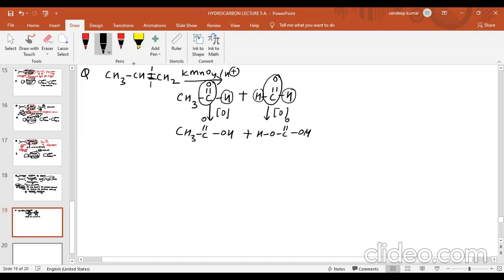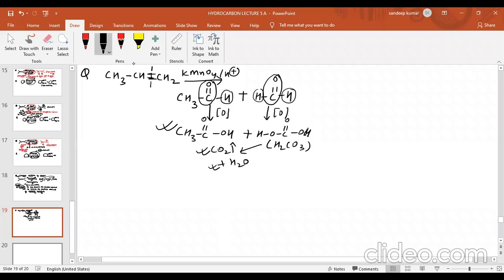So this is basically carbonic acid, which is H2CO3, and H2CO3 gives CO2 plus water. So these are the products: one product is this one and another product is this one. So simple. If you know oxidative ozonolysis, then life will be easy for you. So this is the trick for the product.